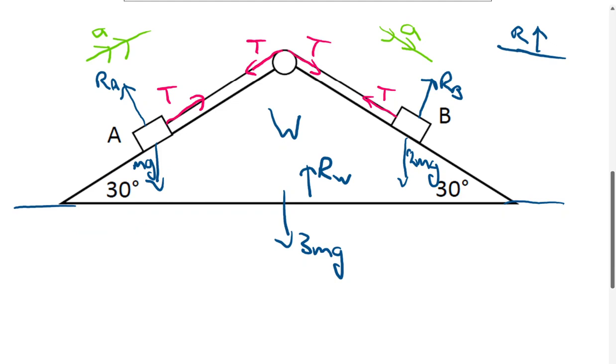Now again, if I got it wrong, it's fine. I'll just get a negative number for my acceleration of the wedge. But for now, let's always try and make our best guess. And so what's going on there is we have the acceleration there.